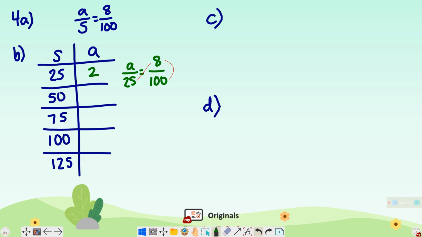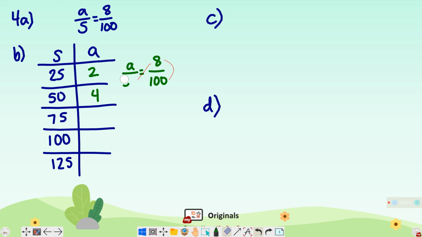Then I'm going to swap out S with 50. 50 times 8 is 400, and 400 divided by 100 is 4.